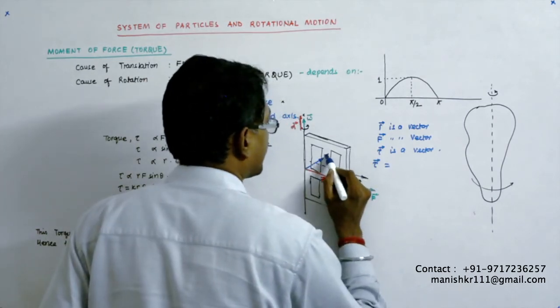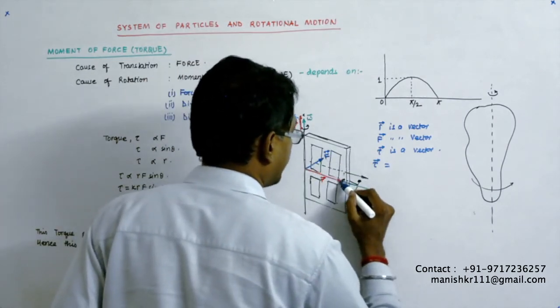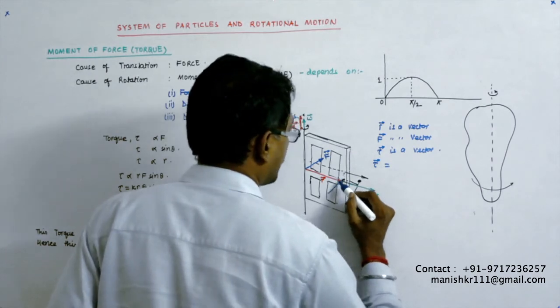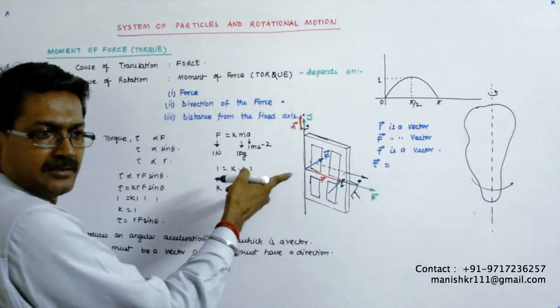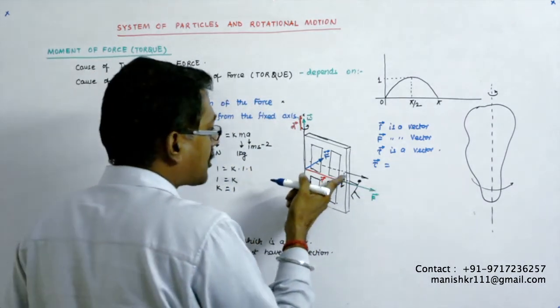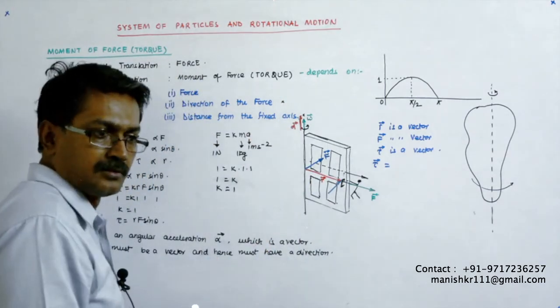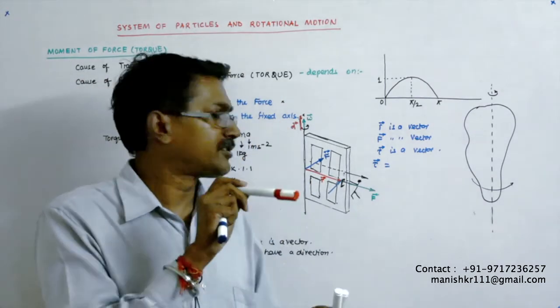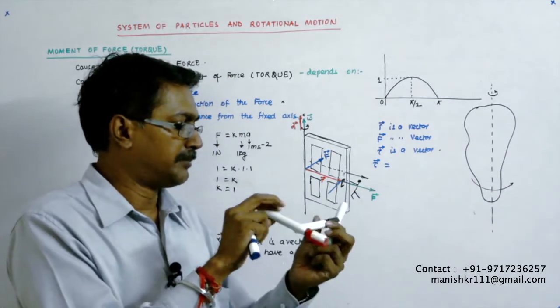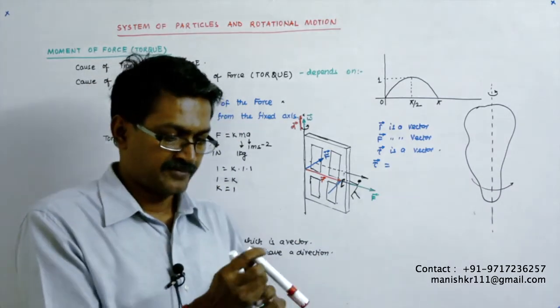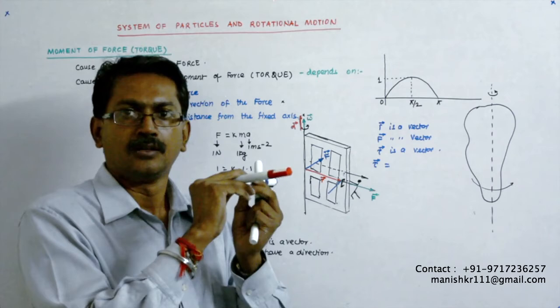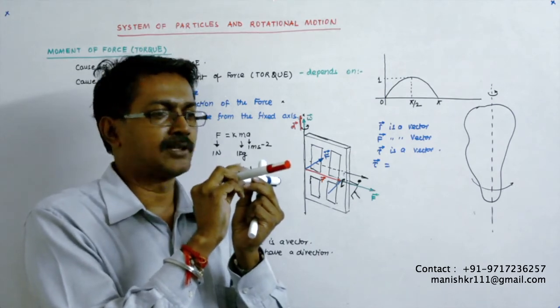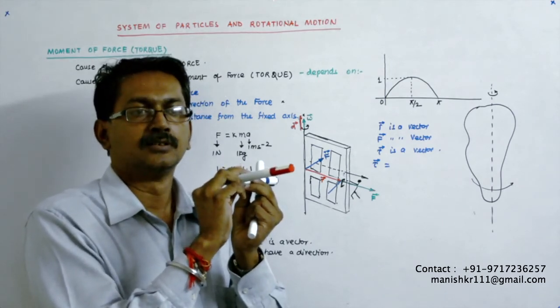If I have applied a force F here, I have moved it parallel and made it this. Now R cross F has to be up. The red pen is R, the red vector is R, the blue pen is F. What direction do I move it so that it gives me a vector upwards?